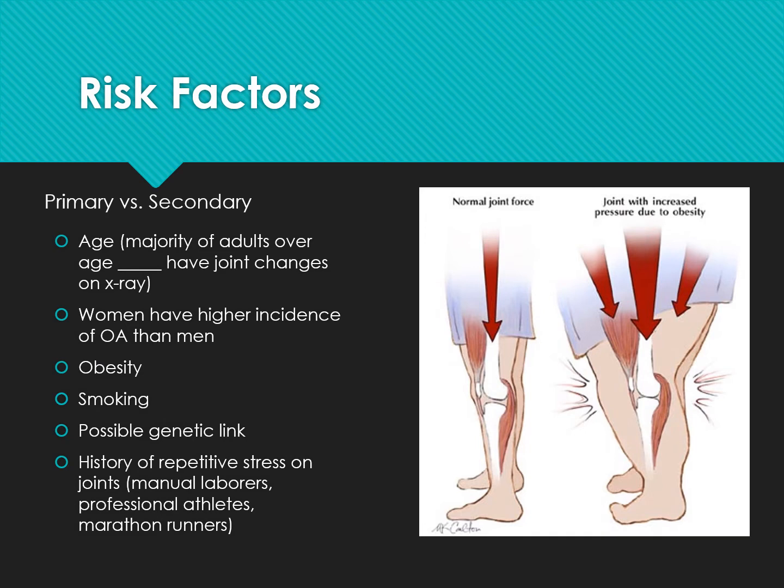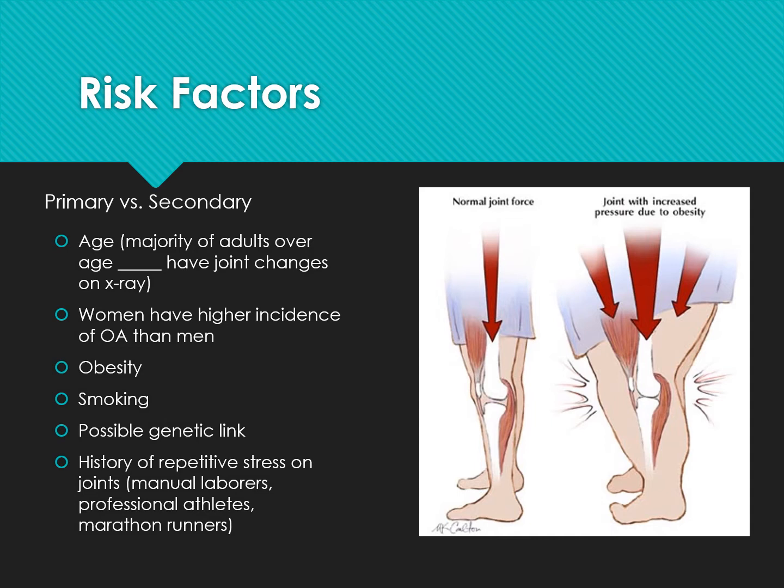There are two general categories of risk factors for why somebody develops osteoarthritis. There's the primary reason, which is basically a combination of age and genetics. In fact, what's important to know is the majority of adults who are over 60 years old do have some joint changes on X-ray.